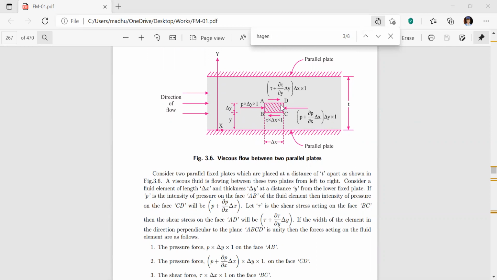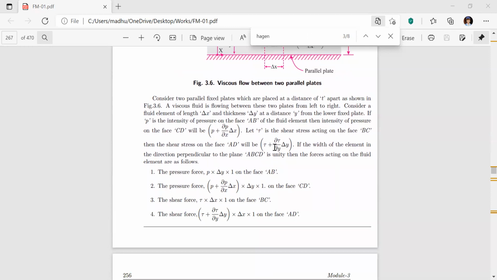There are two shear stresses acting on the two faces AD and BC, and the corresponding shear forces are given in this figure. Here in this figure, ABCD is the fluid element we have considered. On this fluid element, the following forces are acting.